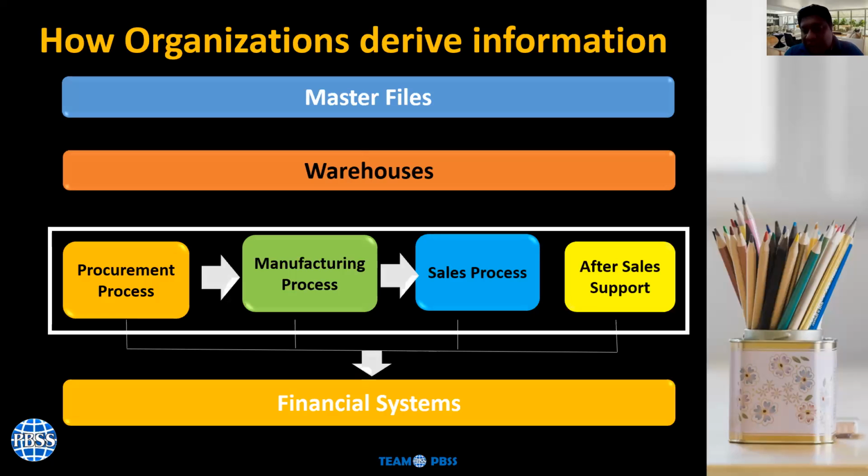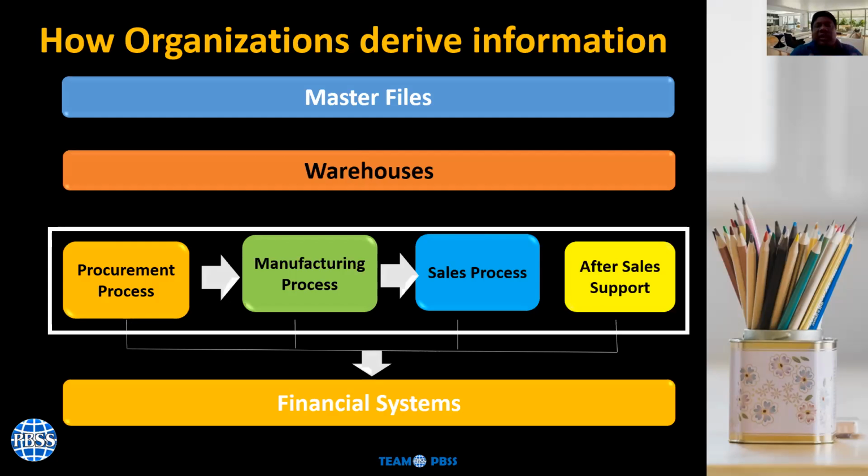If you are doing after-sales service and support, you post all of it into the financial system. This full layer is linked with warehousing, your warehouse stores and all. And on top of that, you have all master files. We already discussed all master files and the locations of warehouses.